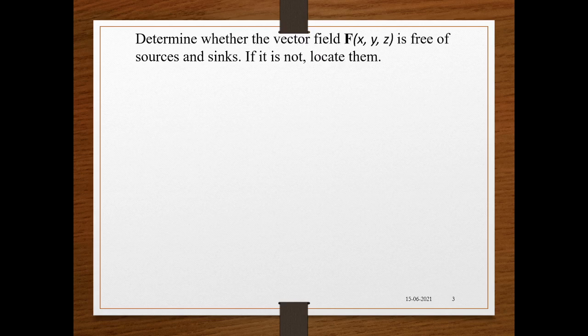Now we will do a problem. Determine whether the vector field is free of sources and sinks. If not, locate them. So first question: we have to check whether F(x,y,z) = (y + z) i - x z cube j + x square y k has a source or sink.